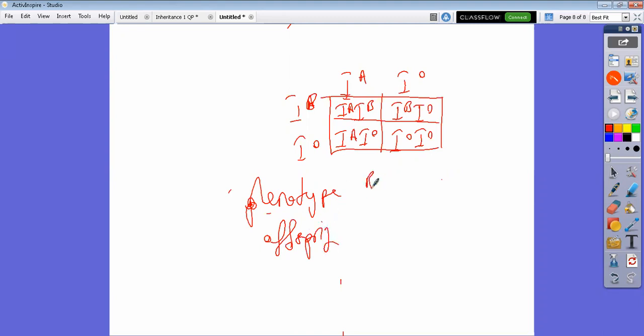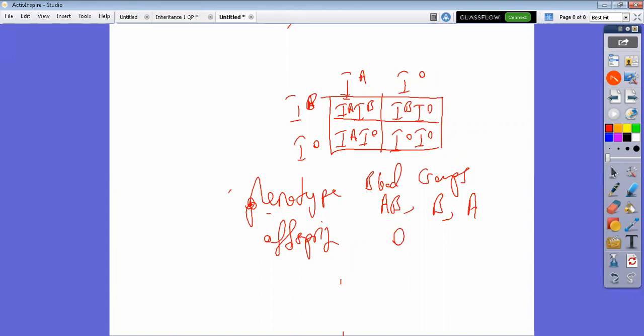So I'm talking of blood groups here. I have blood group A. I have blood group B. I have blood group AB for the first one. I have blood group B. I have blood group A. And I have blood group what? O. Can you see that?